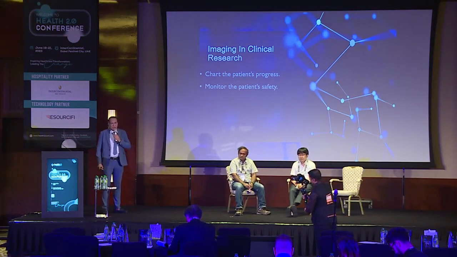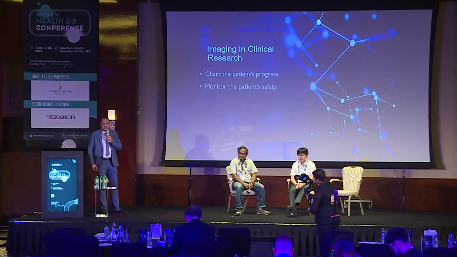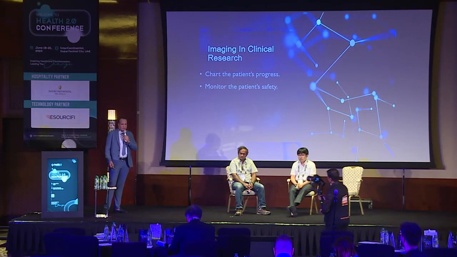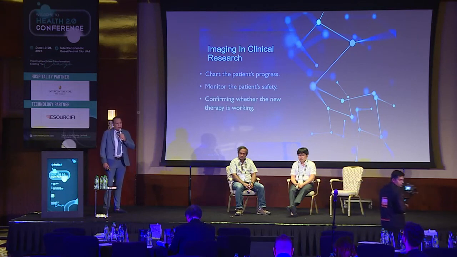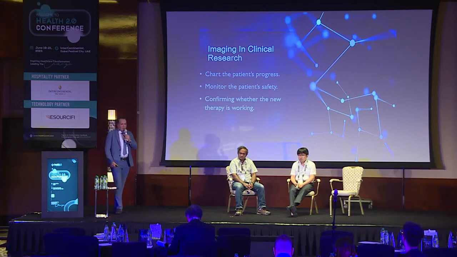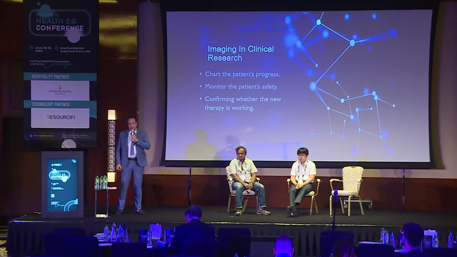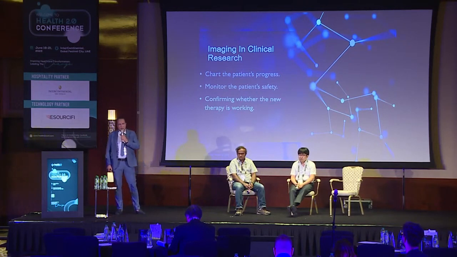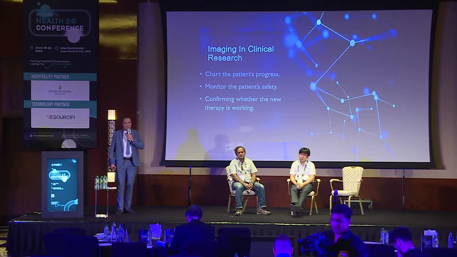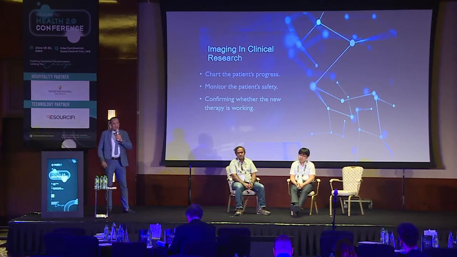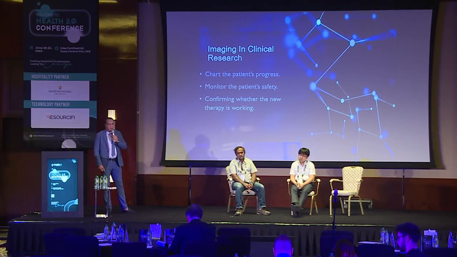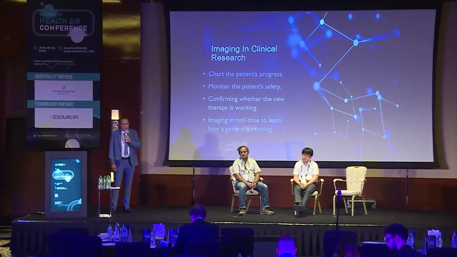For some patients, you can do an echocardiogram, for example, to see if the heart is affected or having some toxicity. Another one is to confirm whether the new therapy is working or not, the effectiveness of the study. For example, cancer patients can have a PET scan to see if the tumor has shrunk or not.